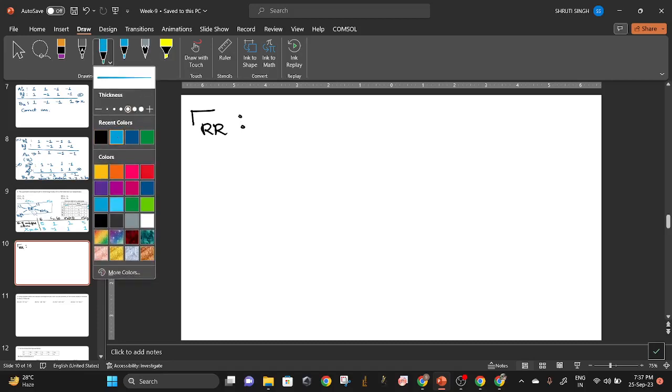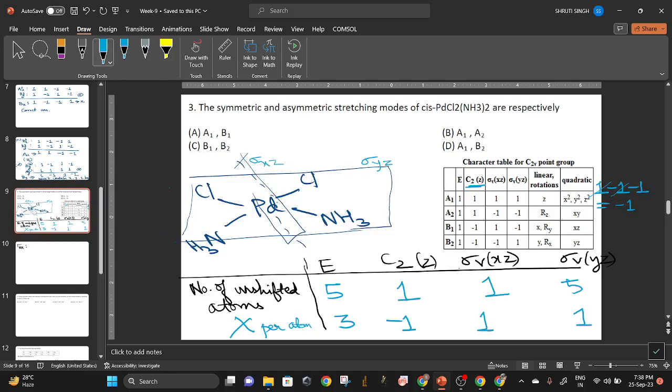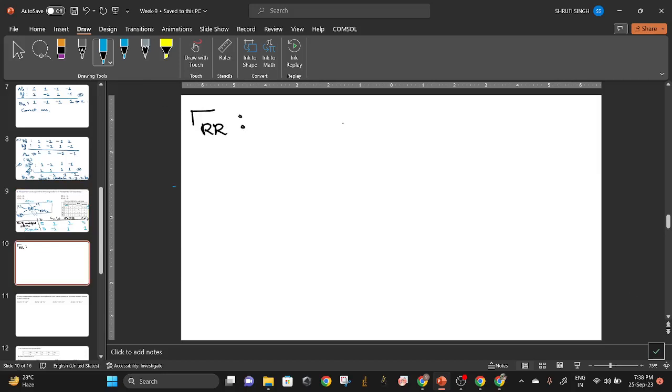After multiplying, I get 5 into 3, 15; 1 into -1, -1; 1 into 1, 1; 5 into 1, 5. So I get 15, -1, 1, and 5. Now this is the reducible representation.